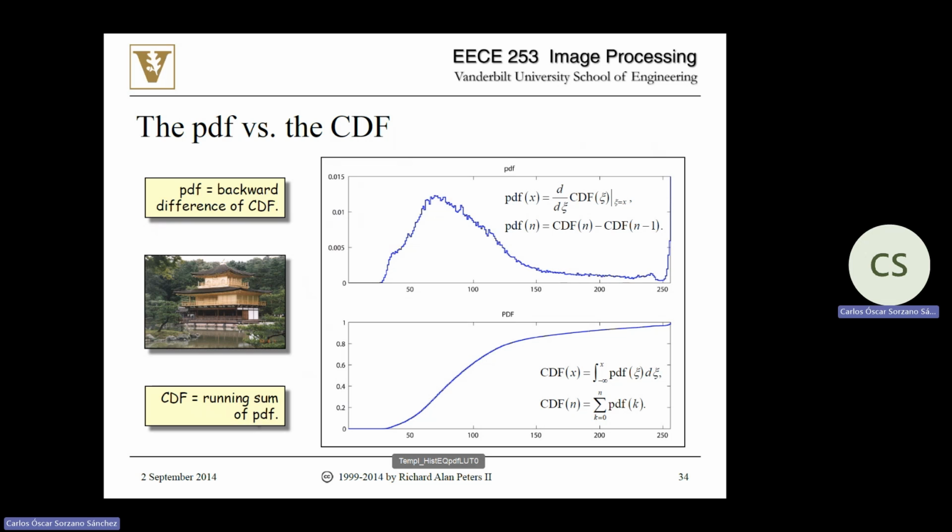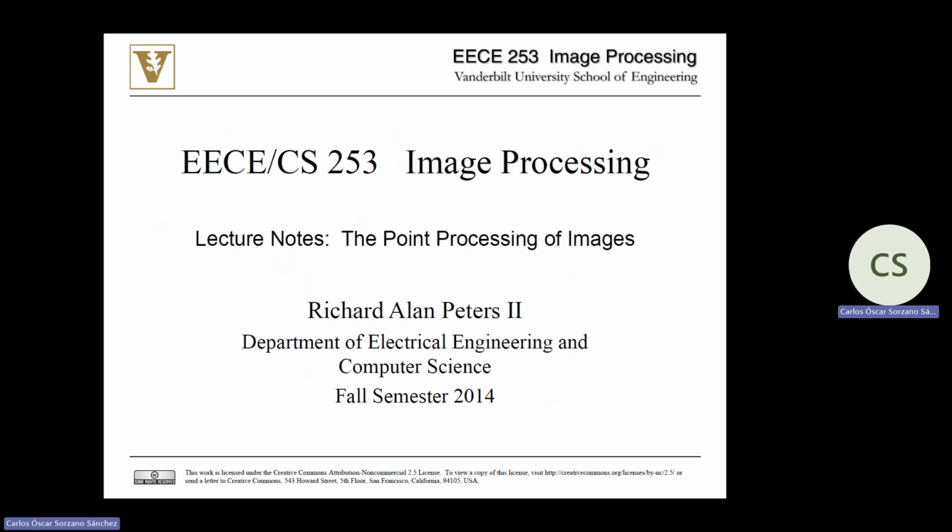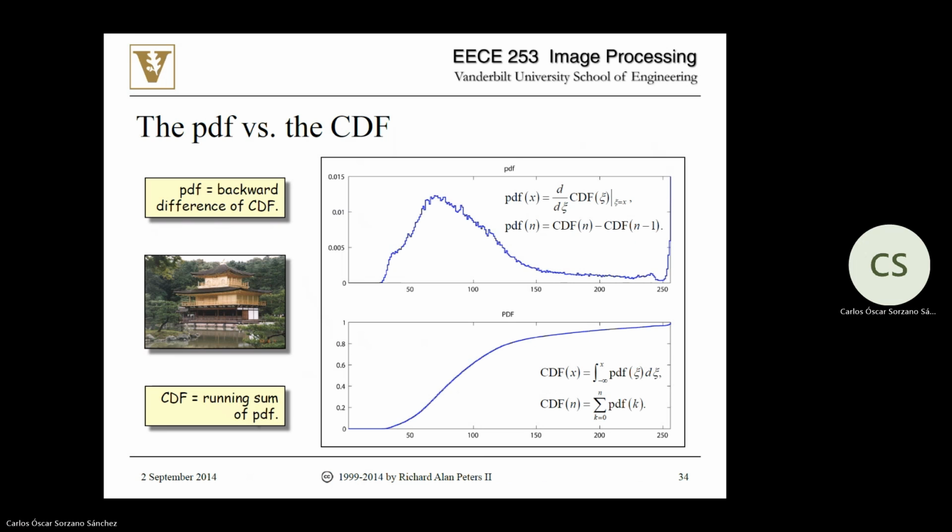I have to integrate the PDF from minus infinity to the gray value that I want. And the opposite of integrating is differentiation. So if I want to go from the CDF to the PDF, I have to differentiate.